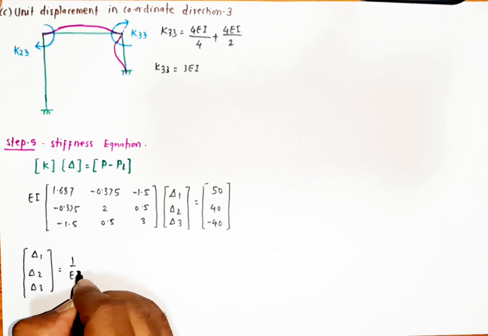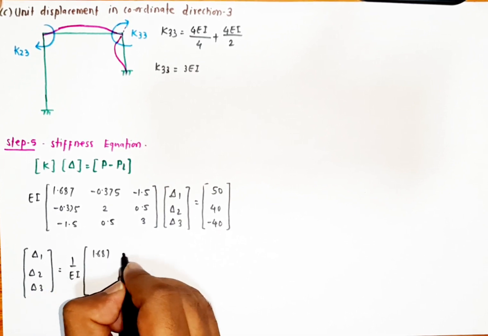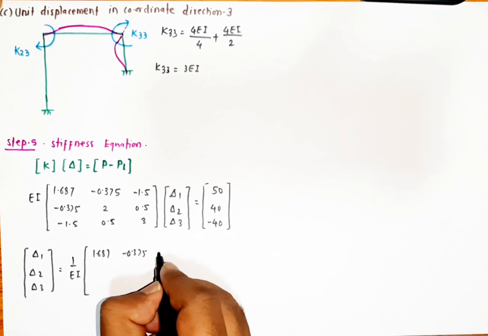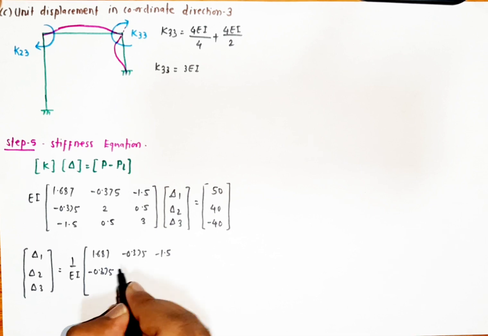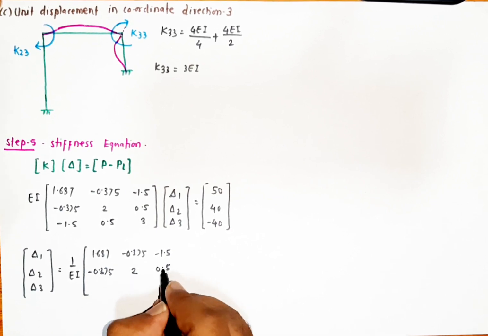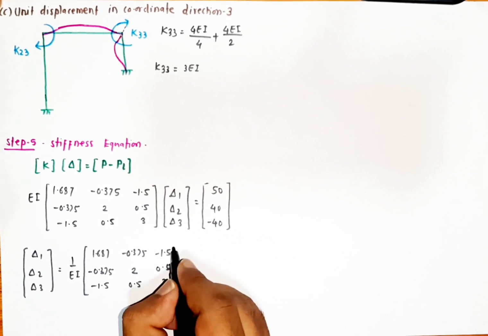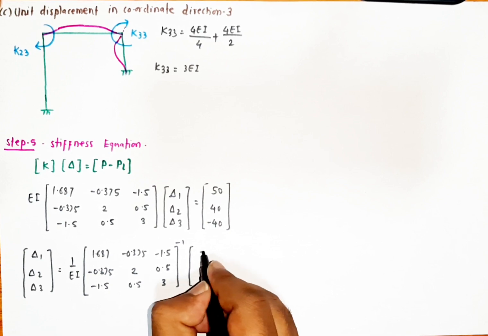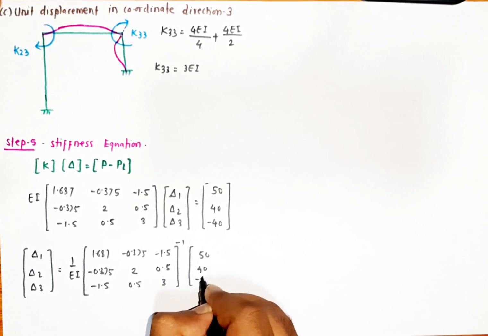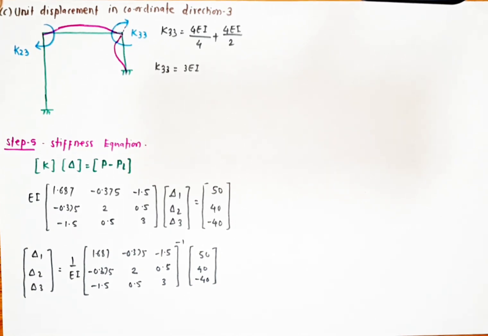So 1 upon EI, then inverse of 1.687, minus 0.375, minus 1.5, minus 0.375, 2, 0.5, then minus 1.5, 0.5, then 3, inverse of it into 50, 40 and minus 40. So using these values we can find out the value.